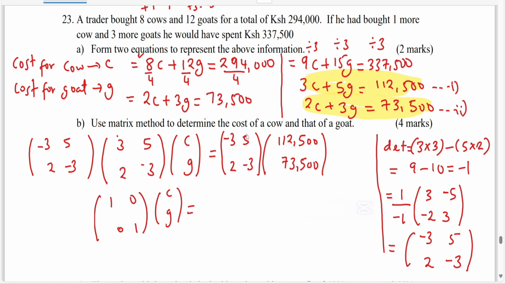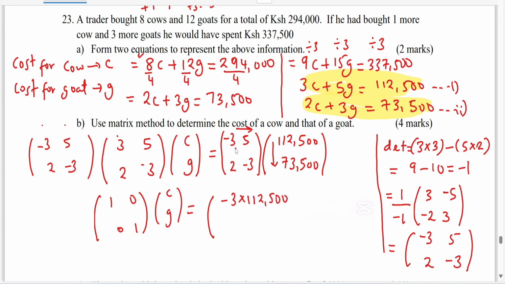So you multiply this. The reason kwa nini nimeintroduce hii, because if you introduce something on your left side, you also have to introduce this on your right side. So ikiwa introduce hiyo inverse hapa, on your right side pia utaintroduce inverse ya hiyo ya left. So you take row times column. So negative 3 times 112,500.